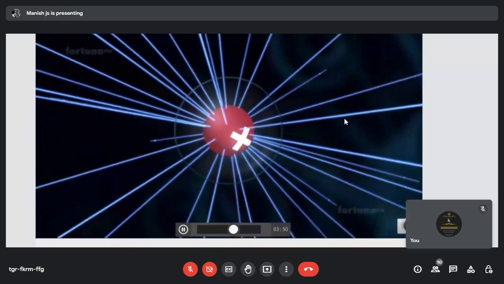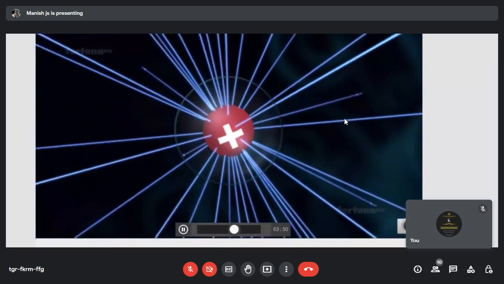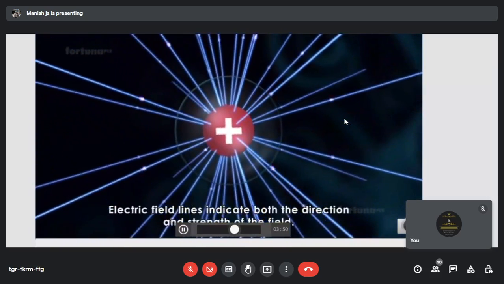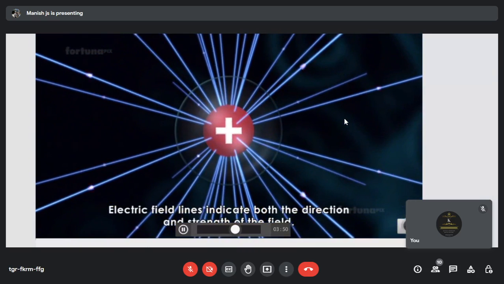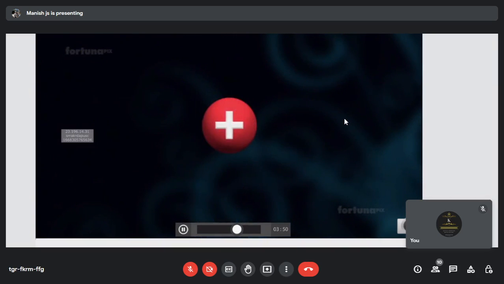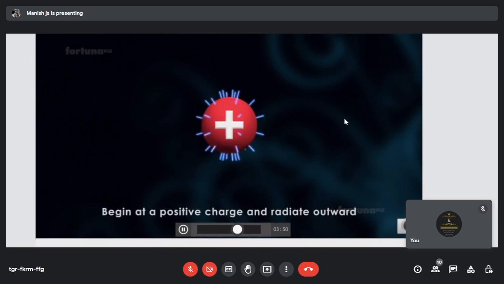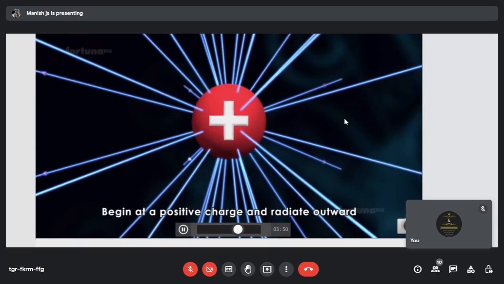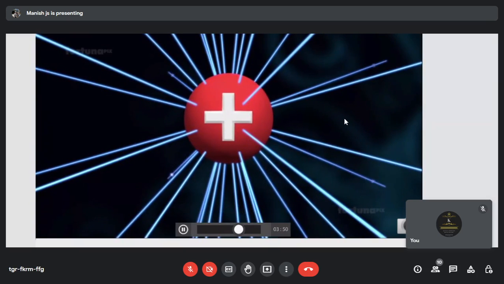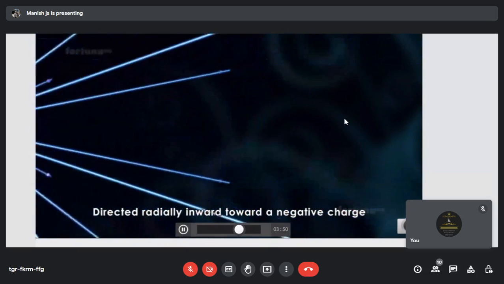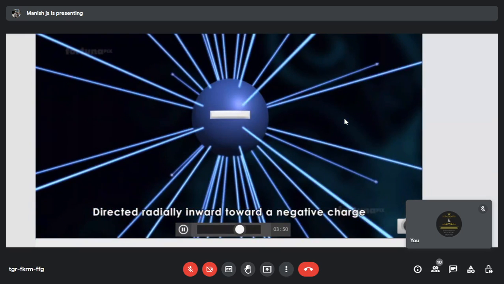An electric field can be diagrammatically represented with electric field lines indicating both the direction and strength of the field. Electric field lines begin at a positive charge and radiate outward. Conversely, they are directed radially inward toward a negative charge.